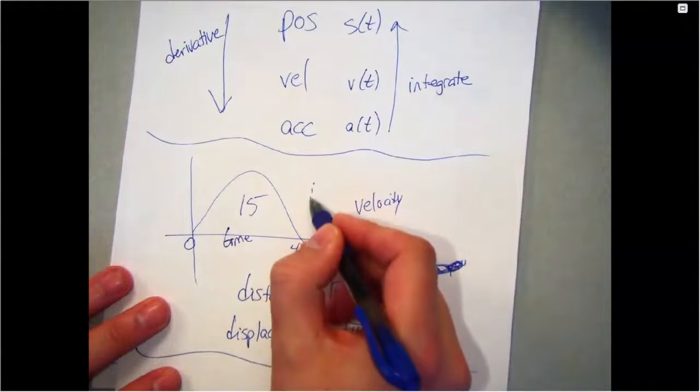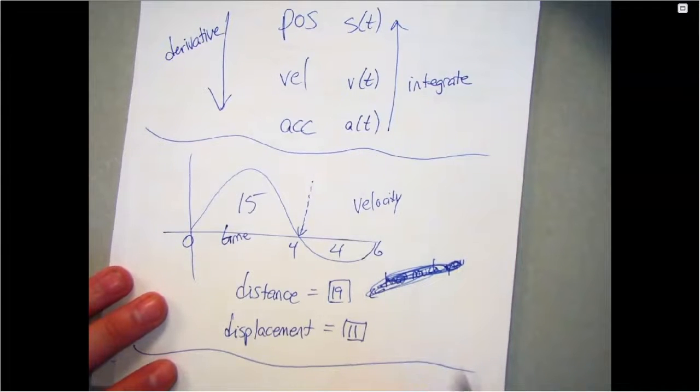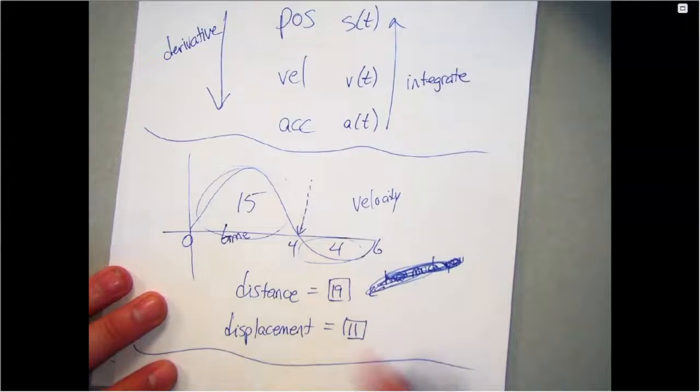the key here is where that happens, where the velocity is equal to 0. Because if you're above, you're moving forward, and if you're below, you're moving backwards. So go to number 13. This is the third kind of problem on the sheet.